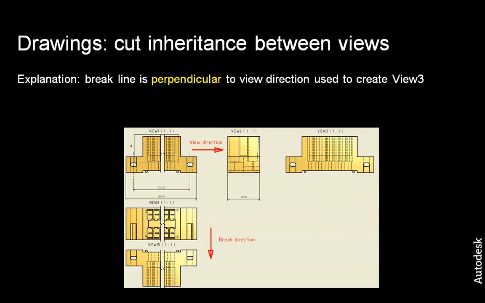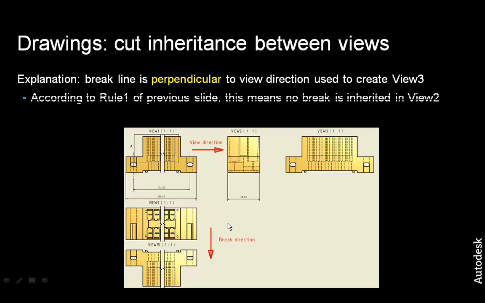When you use these rules, we can explain what was happening in our sample drawing. In this case, I could say that the break direction runs in this direction, vertical, whereas the view direction to create views 2 and 3 goes in the horizontal direction. So there's clearly a perpendicular situation between view direction and break direction.